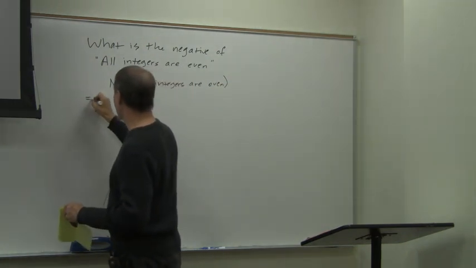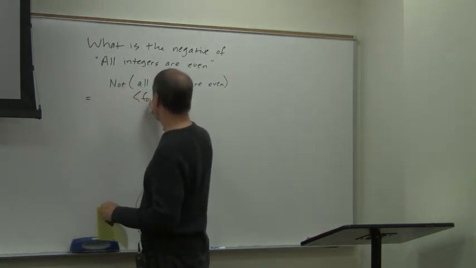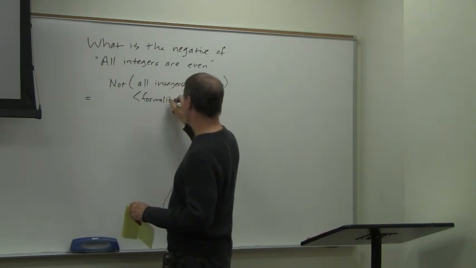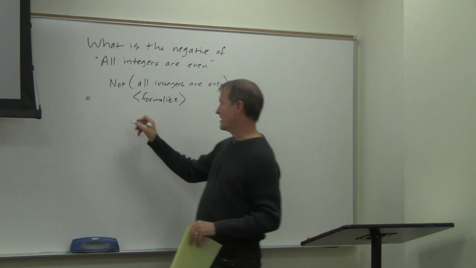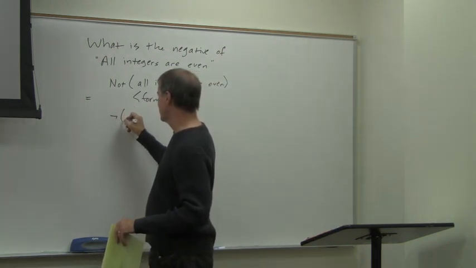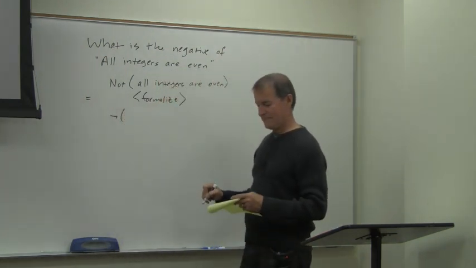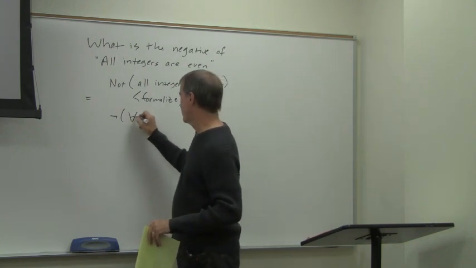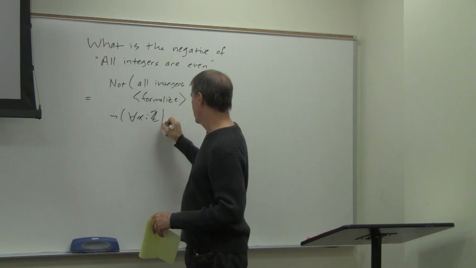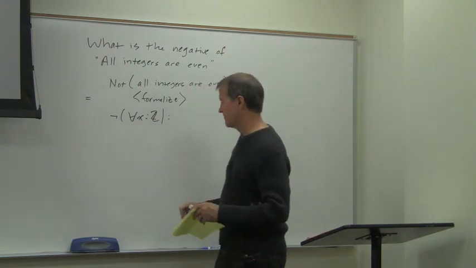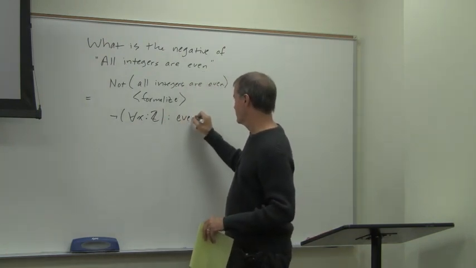So let's formalize this. Negation. It's not for all x, type integer, range true, even dot x.